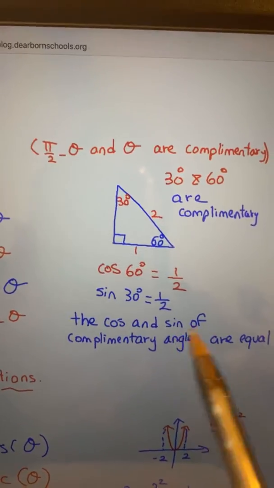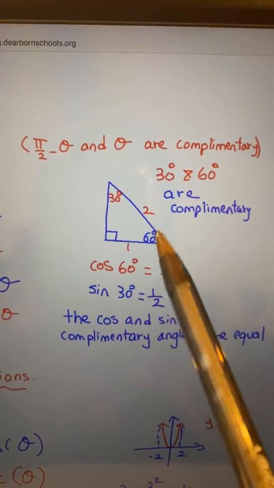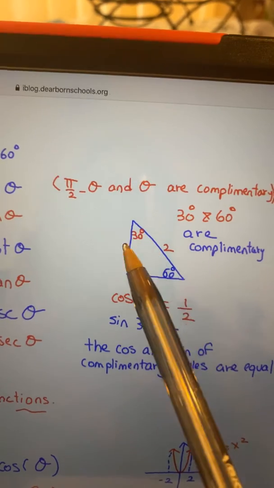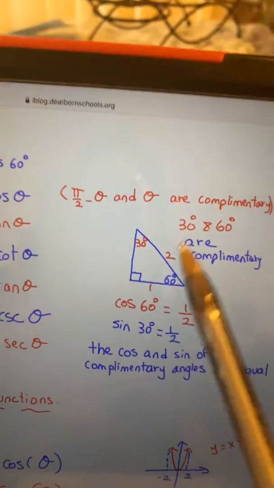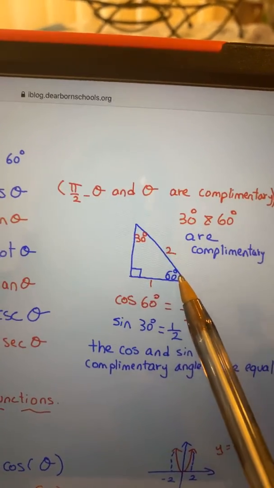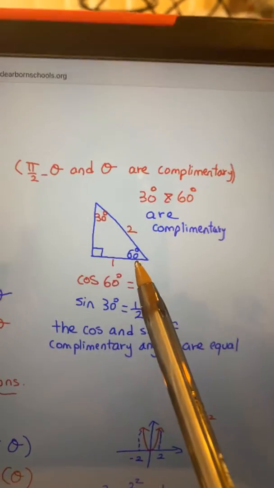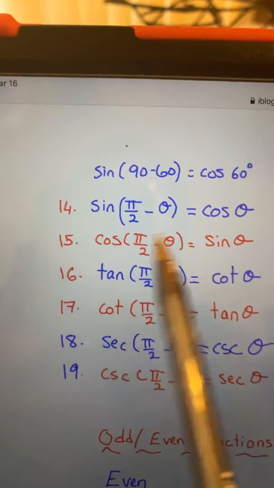Cosine and sine of complementary angles are equal. So even if I had right here 20 and 70, or 25 and 65, any two angles that add up to 90, the sine of one is equal to the cosine of the other one. So this is what this identity is explaining.